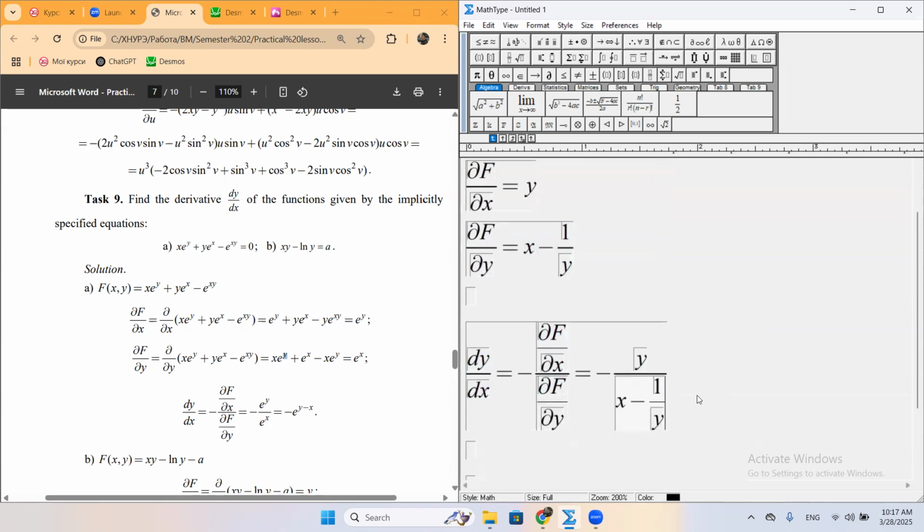So we have the following expression. Let's multiply the denominator by minus 1, so we will have 1 over y minus x. And then let's multiply the numerator and denominator by y.